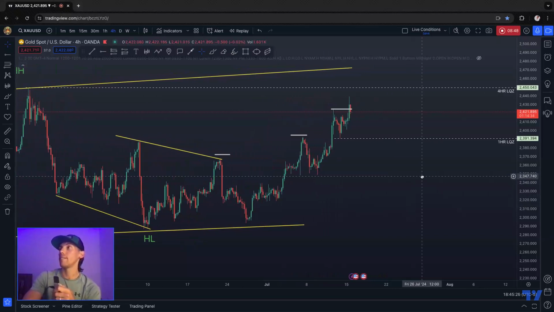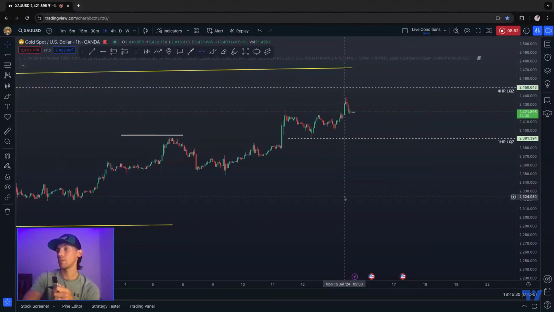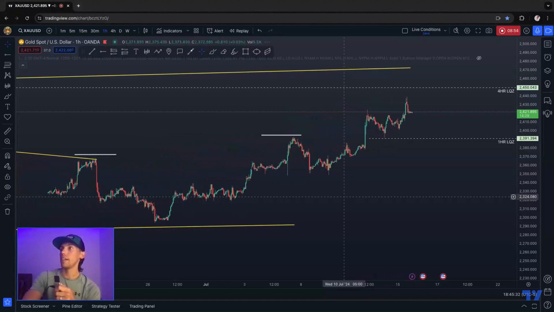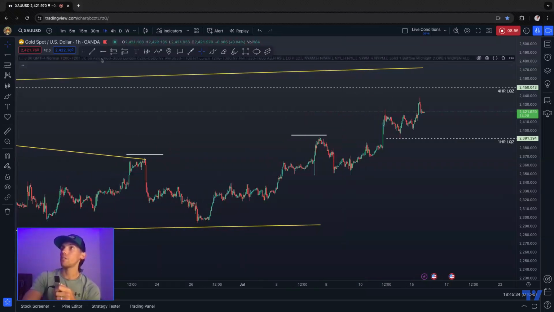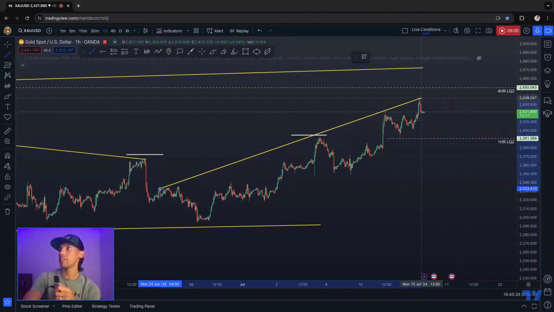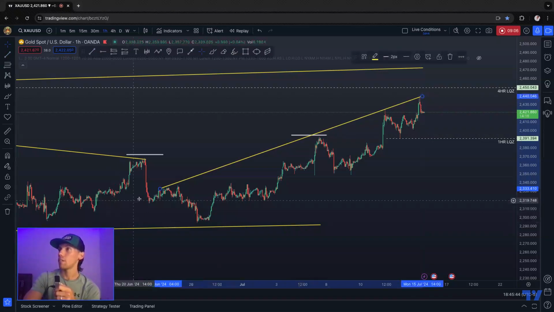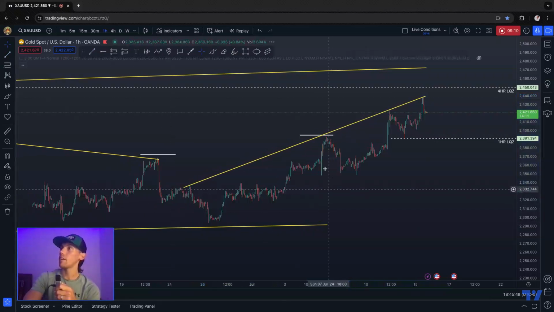Okay, so let's take this off. We're now dropping down to our 1 hour. And for some people, I already see a key pattern that I'd love to trade. And tighten that up there.